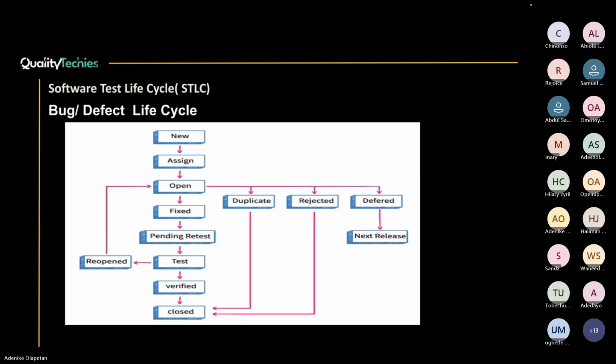Open, the developer works on it, it is fixed, it comes back to pending retest, test, verify, close. Those are two journeys already. The first is the smooth journey: new, assign, open, fix, pending retest, test, verified, and close. In the second journey, you test it, the issue resurfaces, it goes to reopen and back to open.